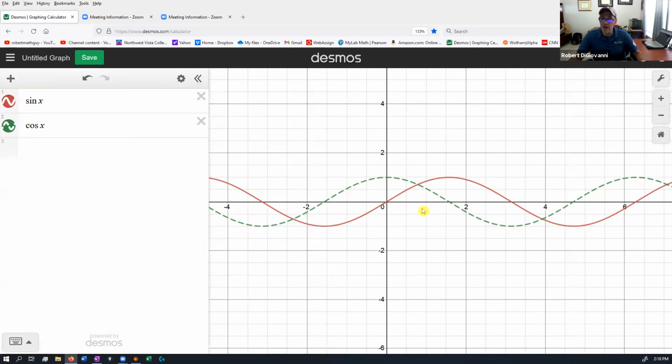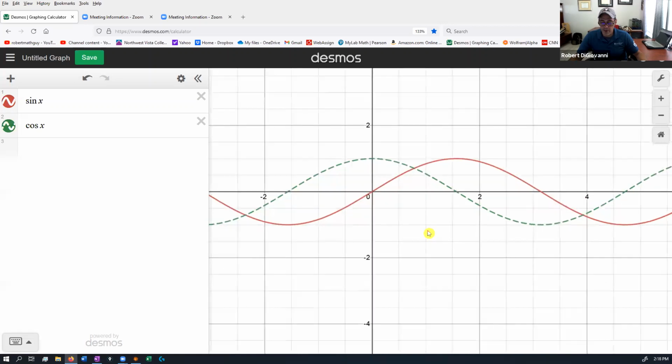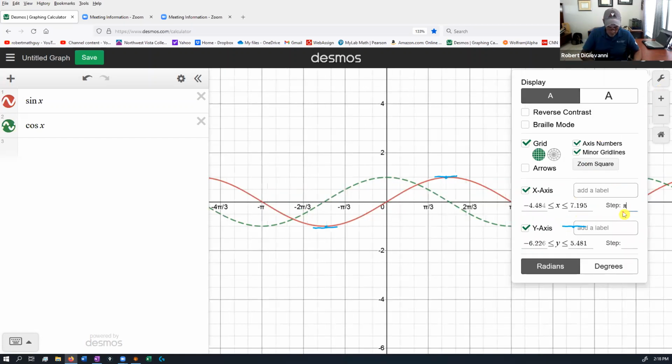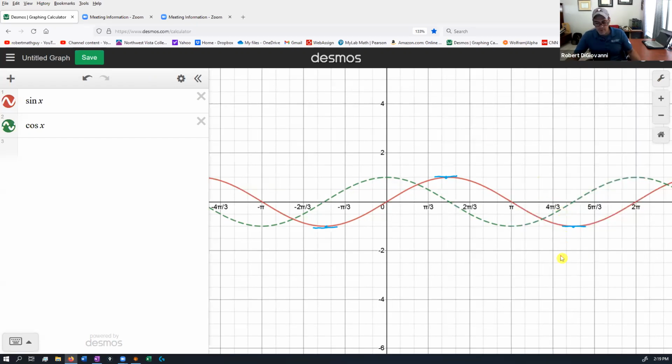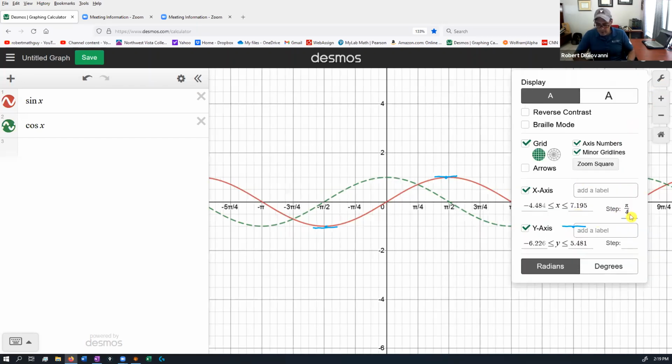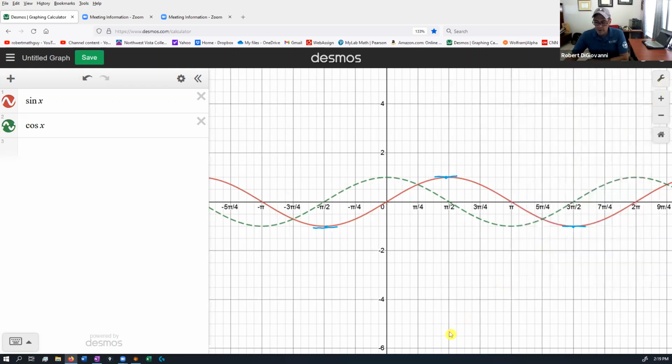Green dotted. Okay, so the red function is the sine function. Let me adjust the step to pi over 6. No, that didn't work. Pi over 12? No, I better do pi over 4. There we go, pi over 4.